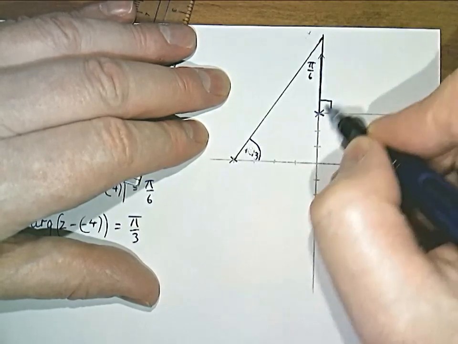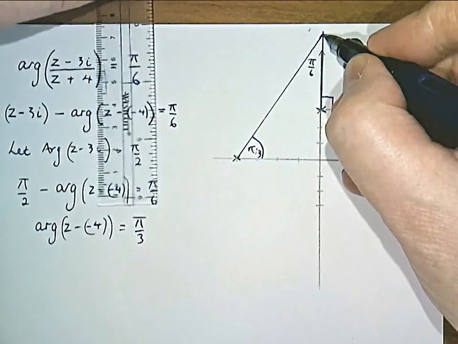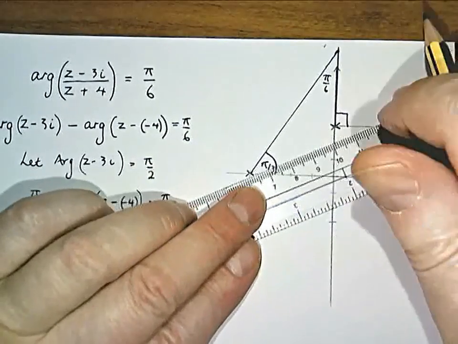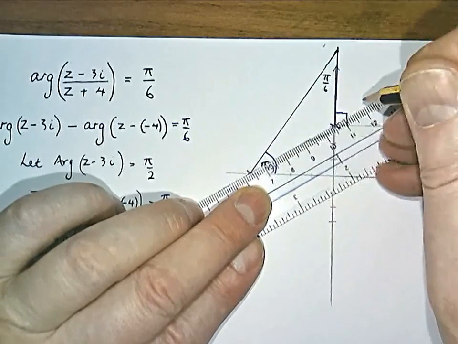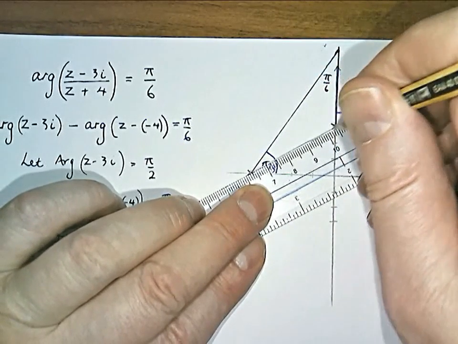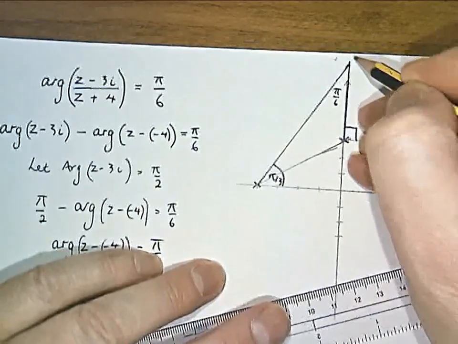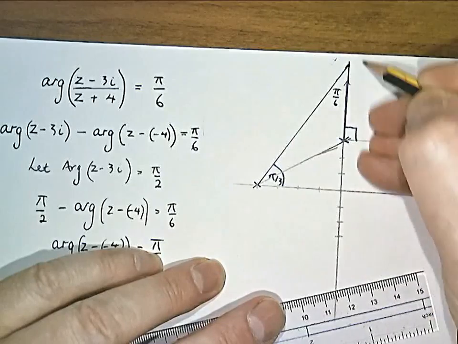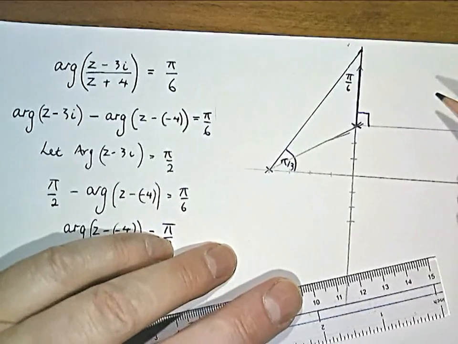So we know that this is a point on the arc that's required. If I join in this line here, we know that we're going to get a circle going round like that, or rather an arc of a circle, because it all fits together.